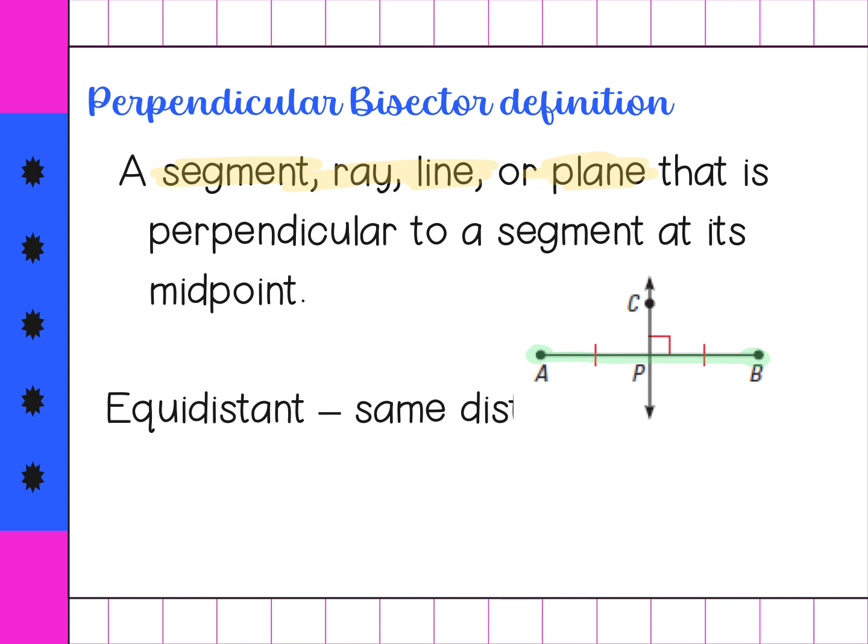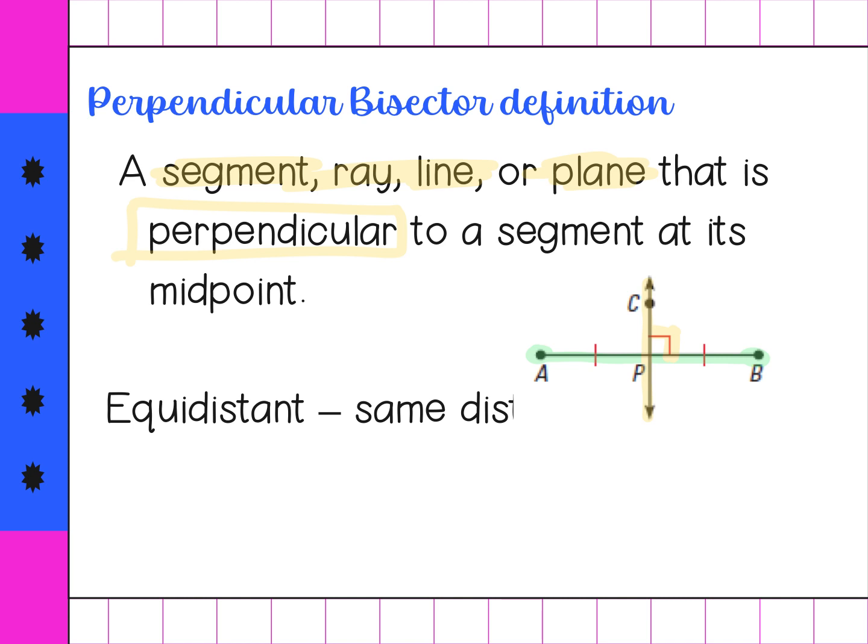When it crosses it, number one, it's going to be perpendicular. For example, when line CP crosses segment AB, it will cross at a perpendicular intersection point, which means it'll cross at a right angle, and right angles are 90 degrees.